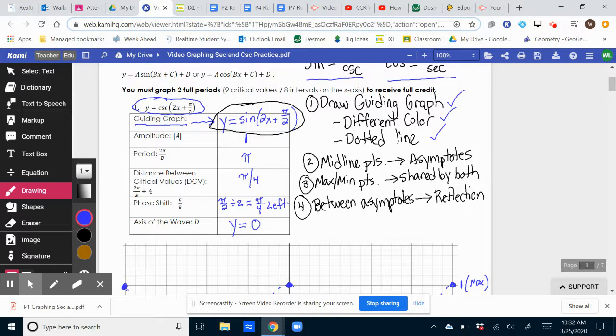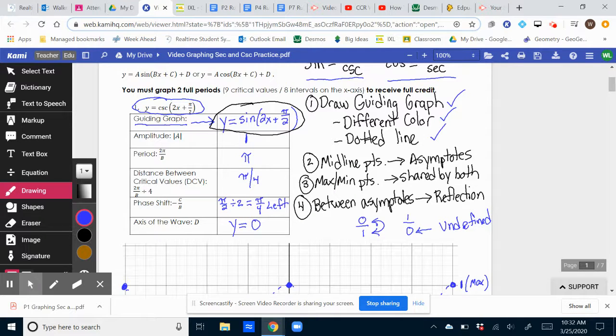Okay, so you could think of it as like 0 over 1. And remember that cosecant is a reciprocal, so we're flipping it. So if I take something like 0 over 1 and flip it, I get 1 over 0. 0 underneath means undefined.